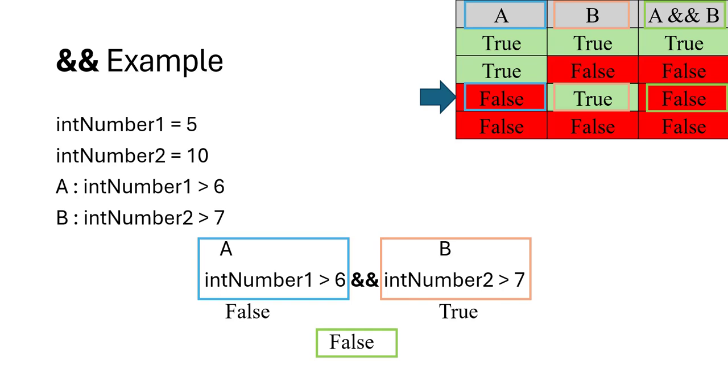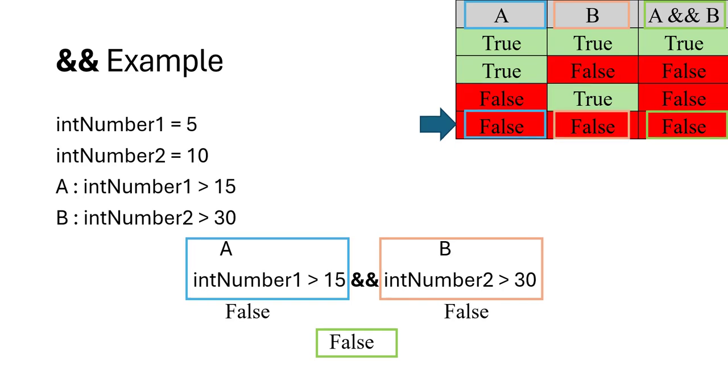So int number1 greater than 6. Is 5 greater than 6? That is false. Int number2, which is 10, greater than 7, that is true. False and true is false. The final conditions are: is 5 greater than 15? That is false. Is 10 greater than 30? That is false. False and false is false.